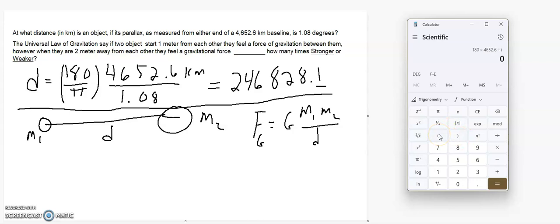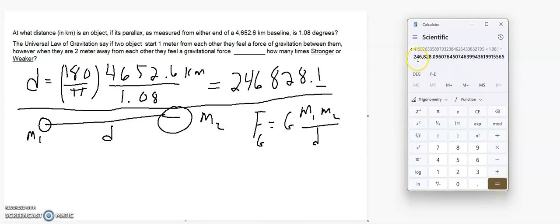So I'm going to use parentheses, so divided by pi times 1.08, and then I close the parentheses. And so I should get this number, and then rounded to one place past the decimal.